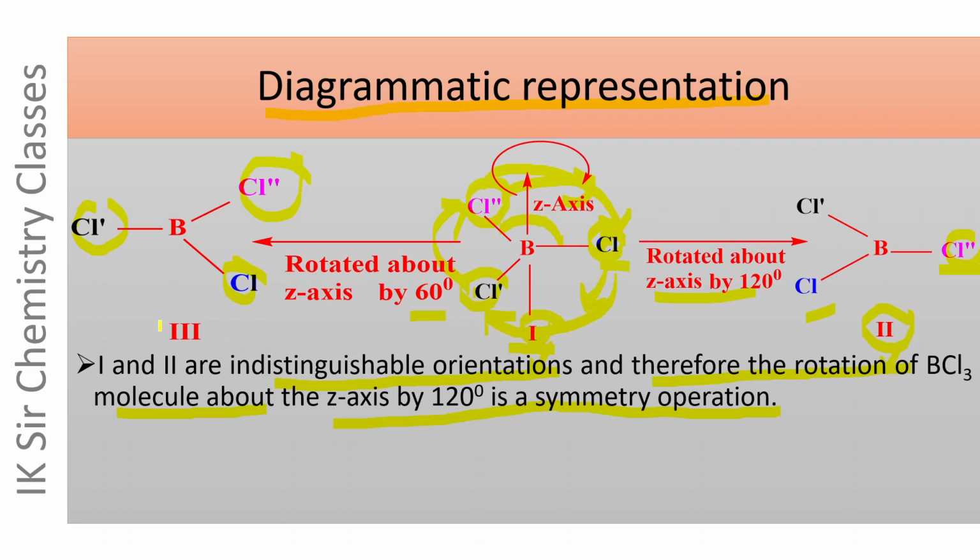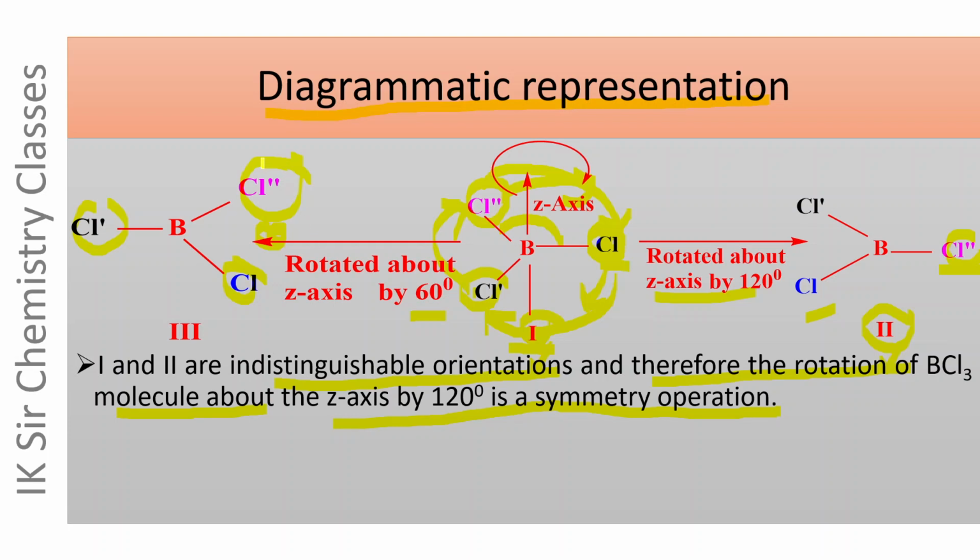1 and 3 are different orientations. Here one chlorine atom is present at this position, while in orientation 3 no chlorine atom is present at this position. These are distinguishable orientations.